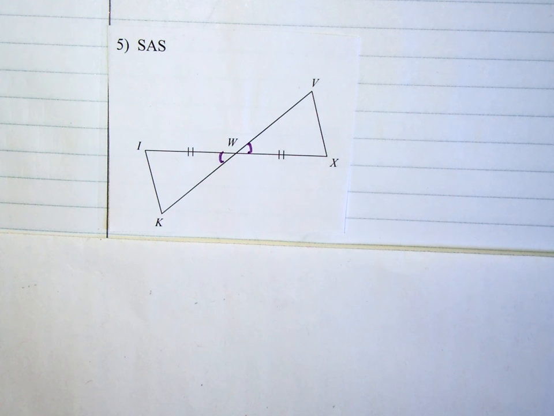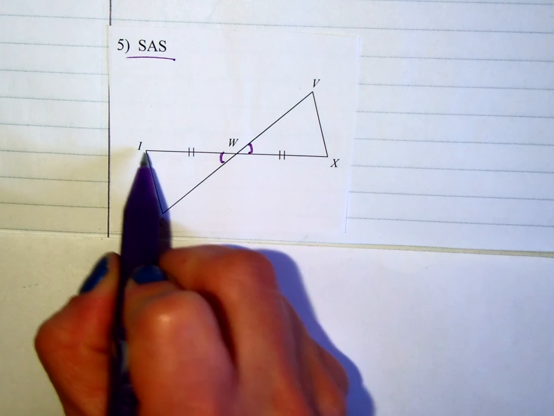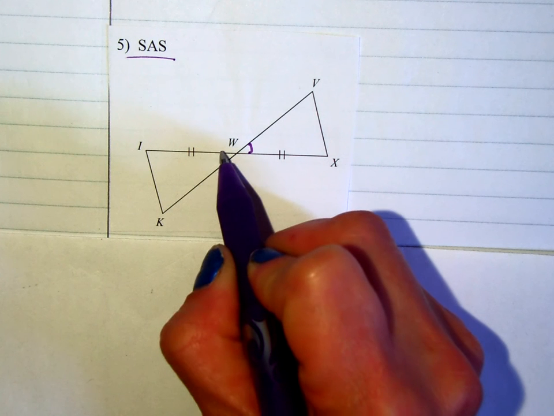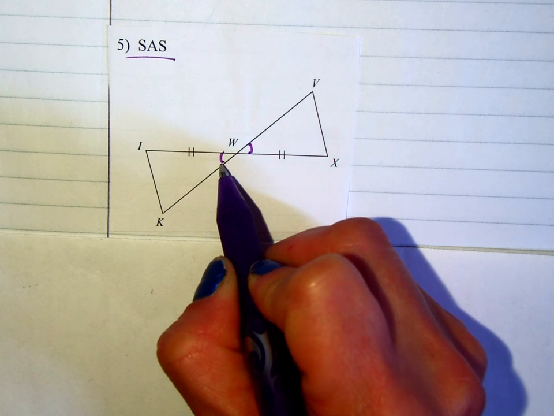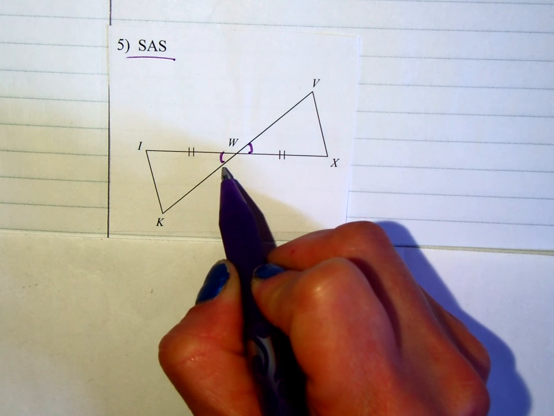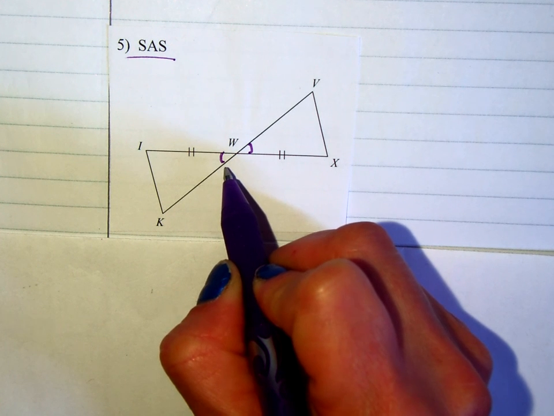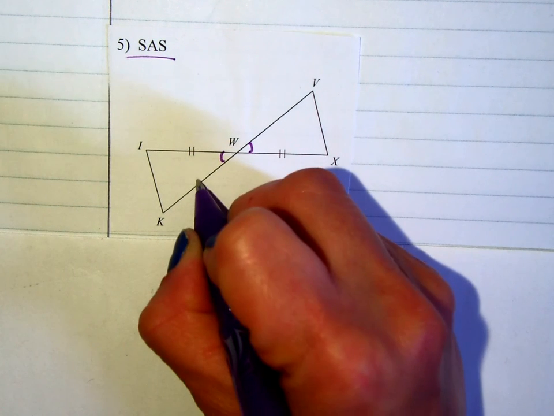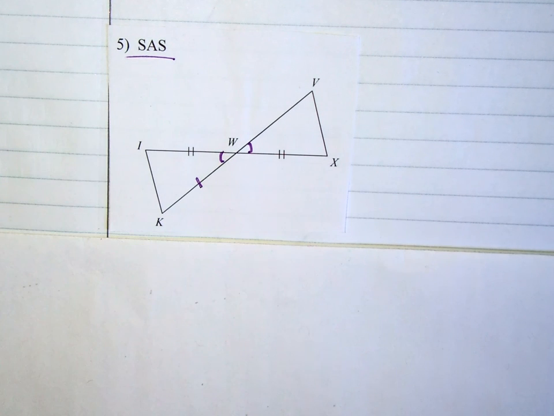What other piece of information would we need so that we can prove it by the side-angle-side congruence postulate? It looks like I have a side marked. I know this angle has to be marked because it's a fact that they're congruent. What else is missing? That's right, we're missing this piece here. And I can either put one mark or three marks. It's up to you. It doesn't matter.